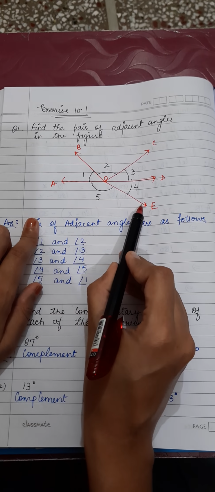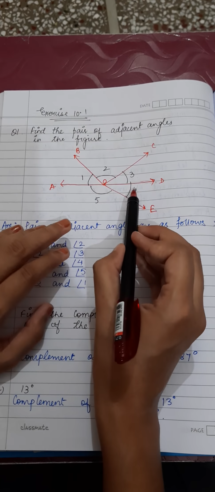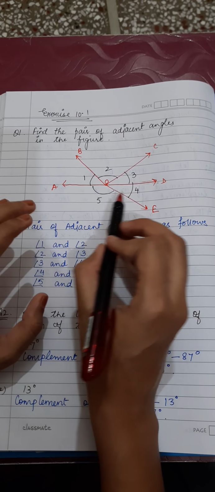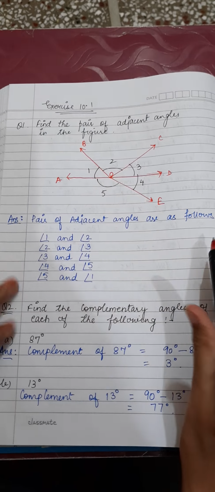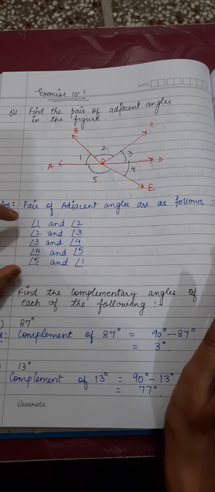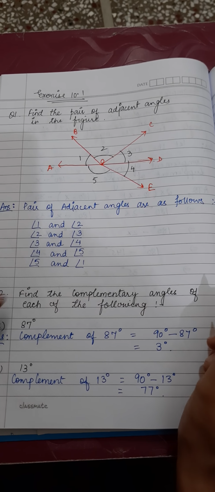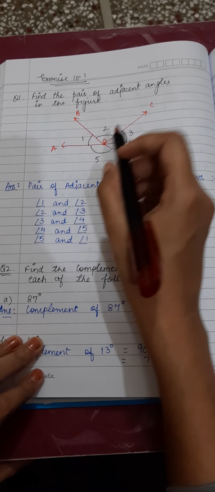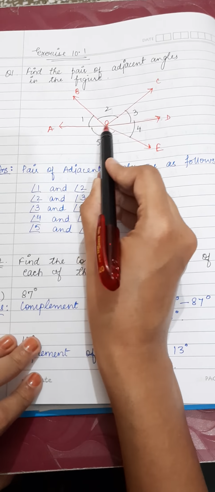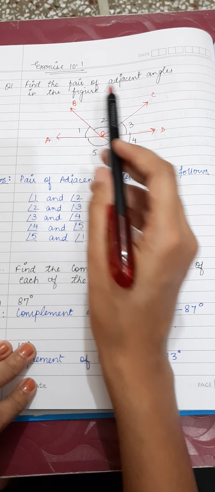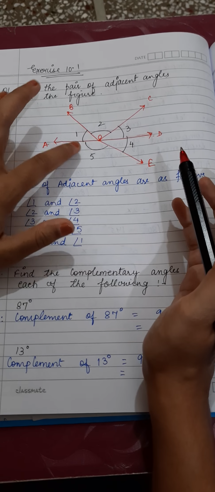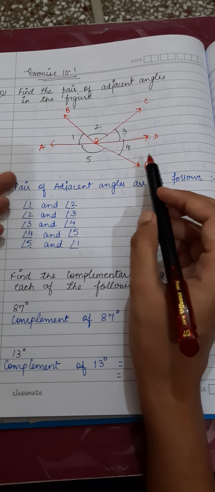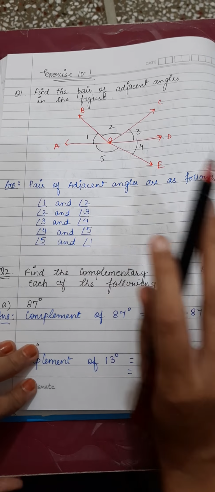OE is coming common and vertex is common. So 3 and 4, then 4 and 5, and then similarly 1 and 5. So these are the pairs of the adjacent angles. You have to write like this. If they had not given you the numbers, then you would have named the angles like AOE, AOB. But since they have already given 1, 2, 3, you don't have to write the complete name. You just have to write with the numbers.